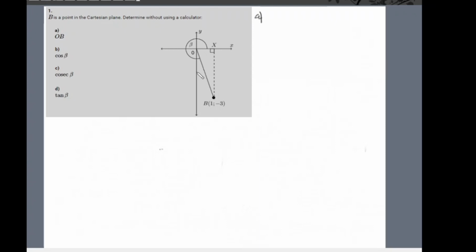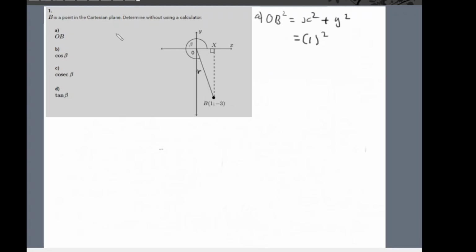So OP, we have a right angled triangle. OP is the hypotenuse, which means that OP squared is equals to x squared plus y squared, using the theorem of Pythagoras. The value of x is given as 1 from our coordinates.